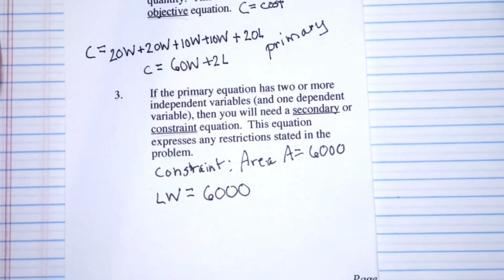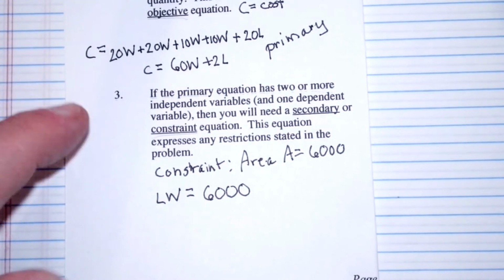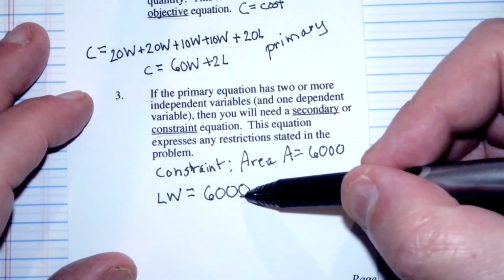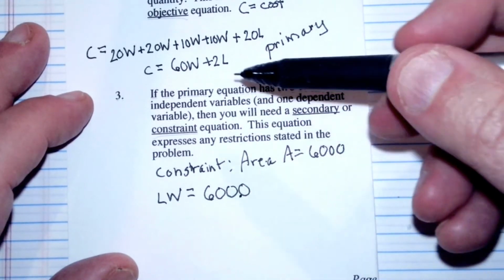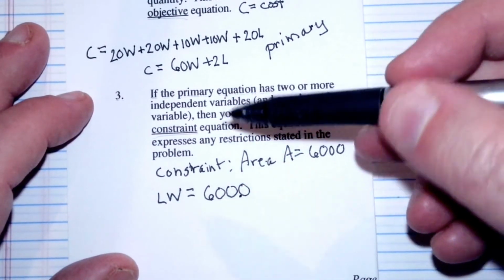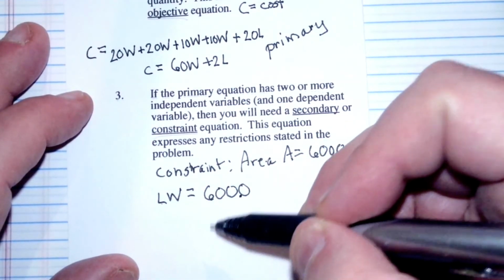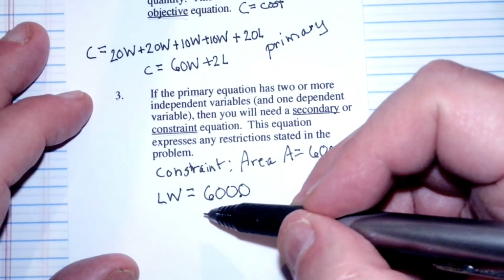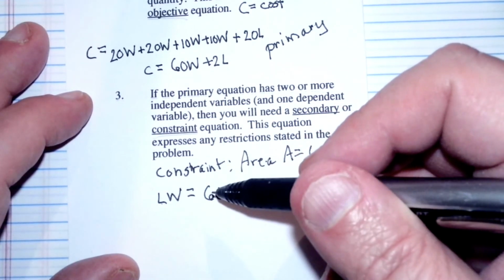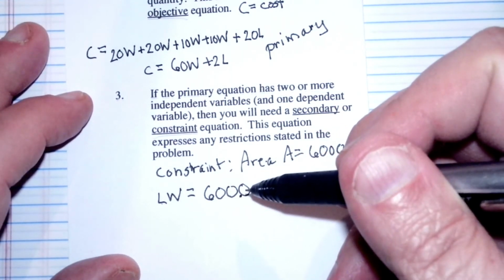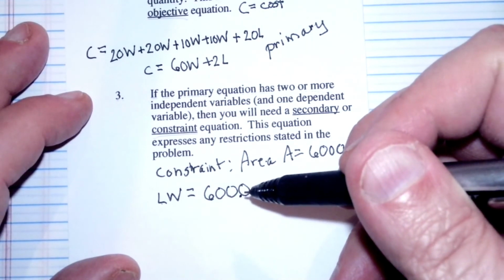Now what we need to do is to combine the information from this equation with the information that's in this equation. Really what we're going to want to do is solve this equation for either L or W, and it doesn't matter which. It might be easier one way than the other, but in this case I don't think it's really going to matter.